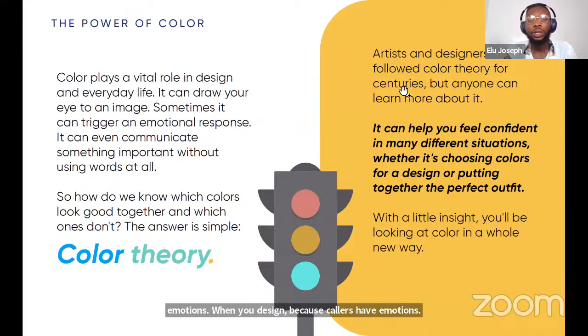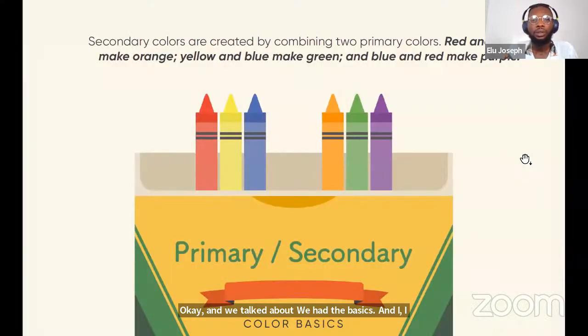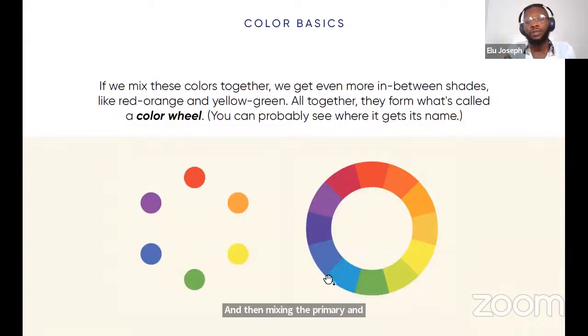Okay. And we talked about color theory, which are the basics. And I remember asking you how you learned primary and secondary colors back in school, right? And we talked about the red, yellow, blue as primary colors and how you mix each of them to give you the secondary colors. And then mixing the primary and the secondary colors together gave us the color wheel, which is what we have here, right?